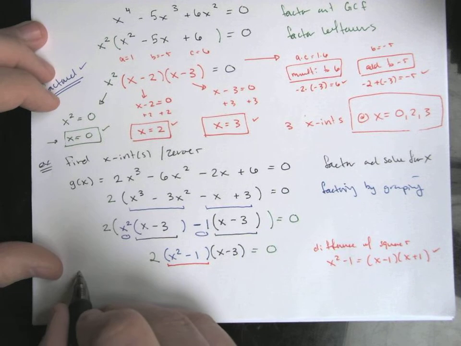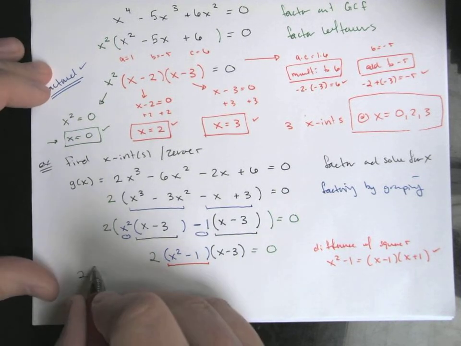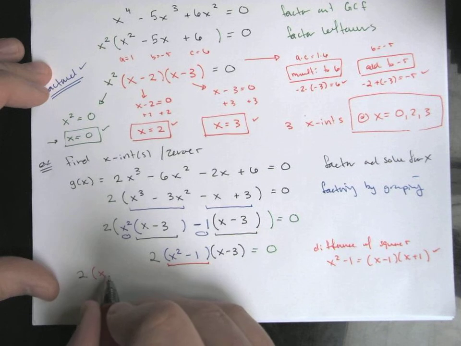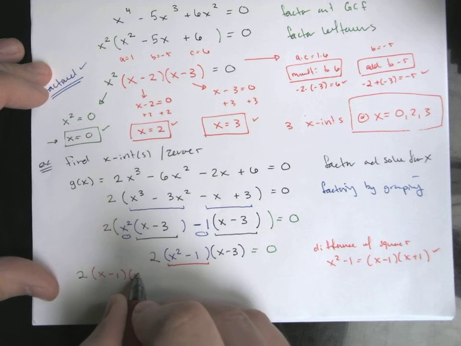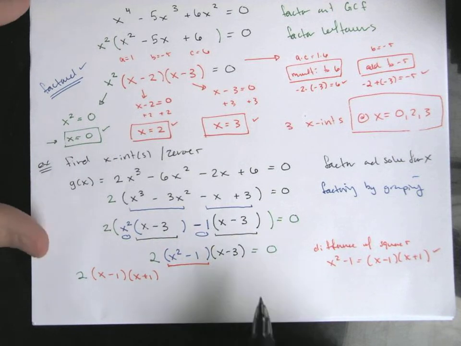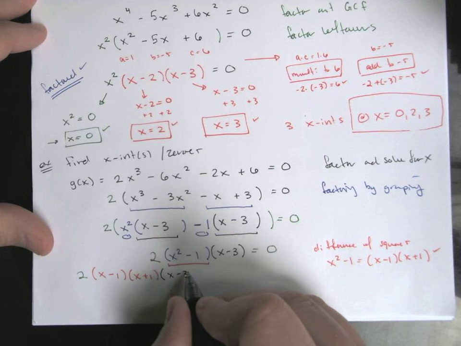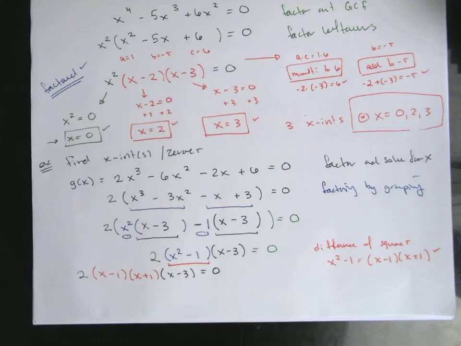You could solve it without doing that breakup. You would just need to get, in theory, 2 different solutions from this piece. So 2 times x minus 1 times x plus 1 times x minus 3. Totally factored. That's factored all the way down.